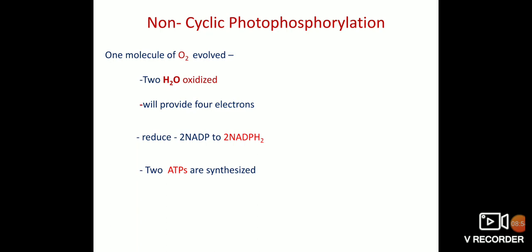So to produce the 2 ATPs, 2 water molecules are split and 2 NADPH2 are formed during non-cyclic photophosphorylation.